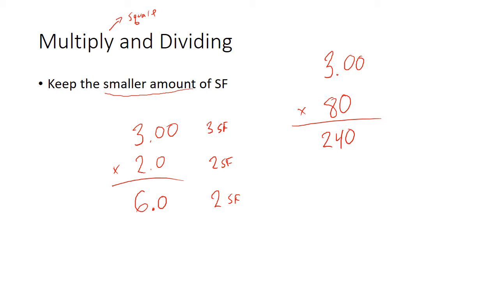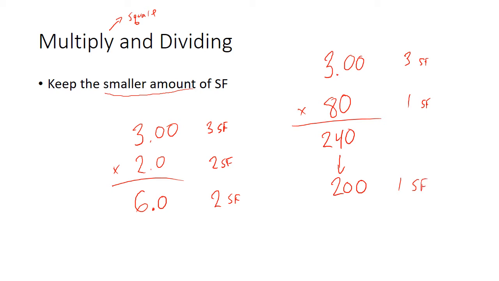But let's think about how many sig figs we have. So this guy has 3 sig figs. This guy has 1 sig fig. 1 sig fig is awful. You always want to avoid it. I was mean and I gave one to you. Sorry. So 240 isn't really what our answer should be. Our answer should be 200 because it needs to have 1 sig fig.